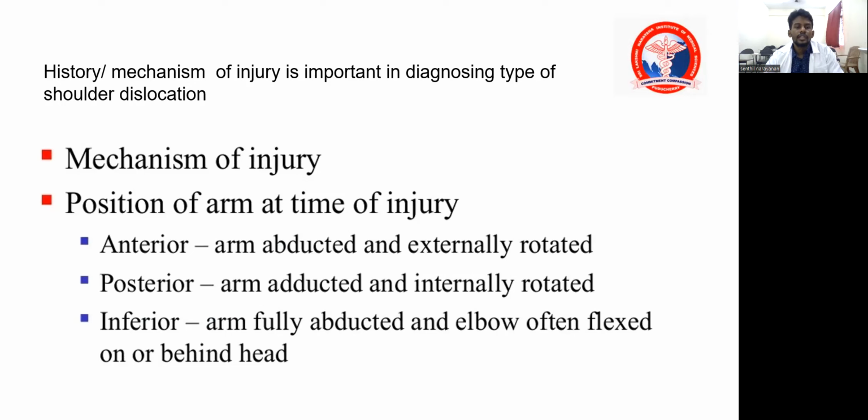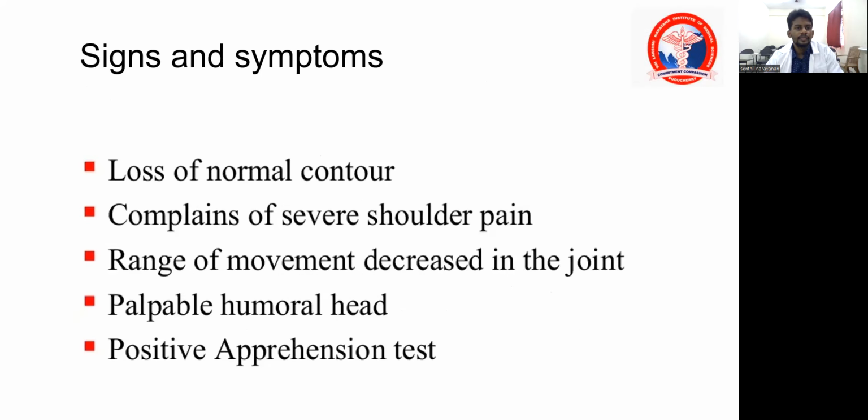In inferior dislocation, the arm is fully abducted, with the elbow often flexed on or behind the head. These are the common mechanisms. I repeat: anterior, abducted and externally rotated; posterior, abducted and internally rotated; inferior, abducted with the elbow often flexed on or behind the head.